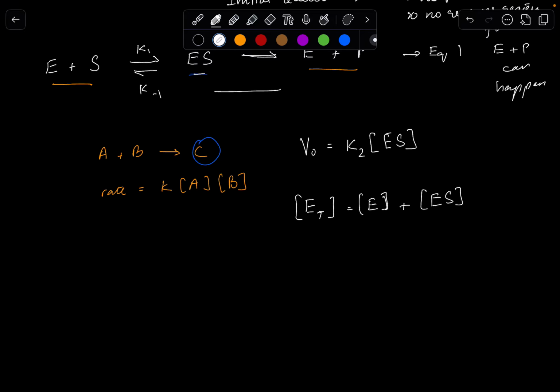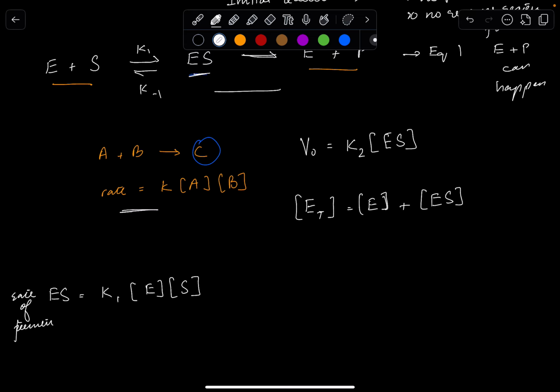The rate of formation of ES equals K1, I'm calling that K1, times enzyme concentration and substrate concentration, right?